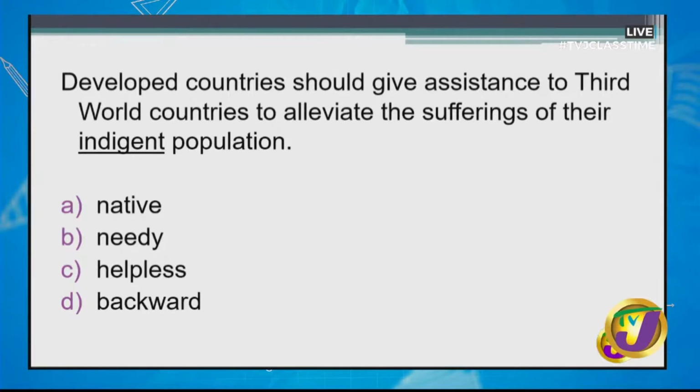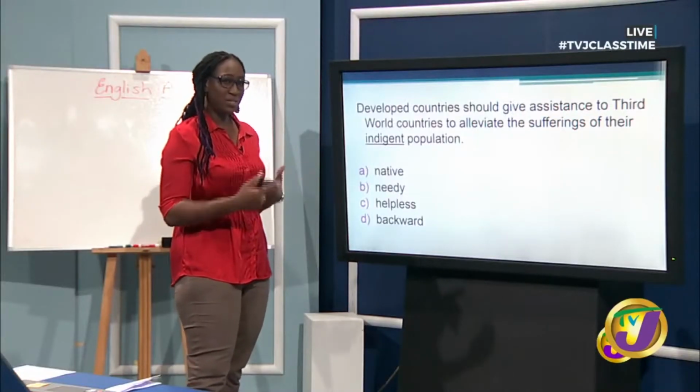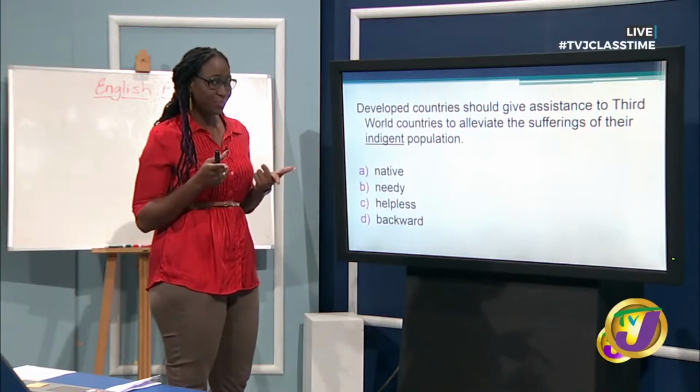So developed countries should give assistance to third world countries to alleviate the sufferings of their indigent population. Now, we have watched various news items across the world. We know of developed and developing countries, and we know what is classified as a third world country. So that should help you to get towards understanding what indigent might mean.